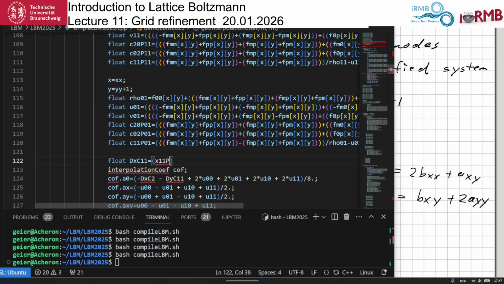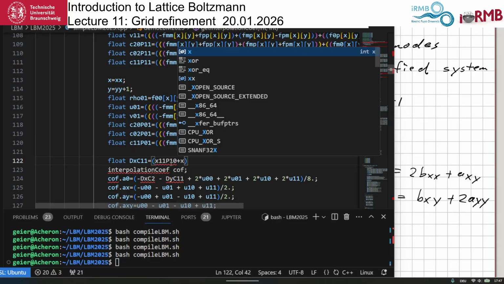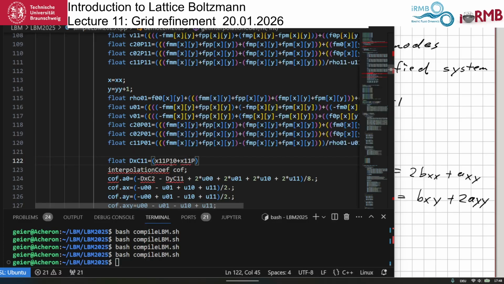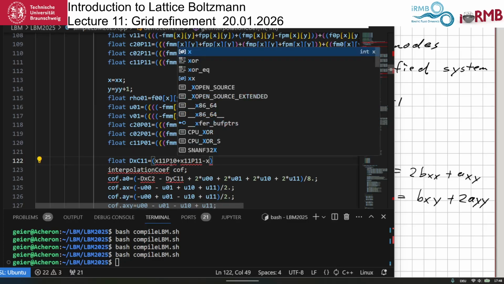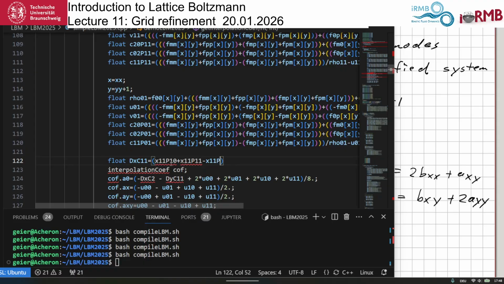So the one on the right is 1, 0 plus C11P 1, 1. Yeah, so these are the ones on the right minus X. It's not well balanced, but forget this now. 0, 0 minus not X, C.